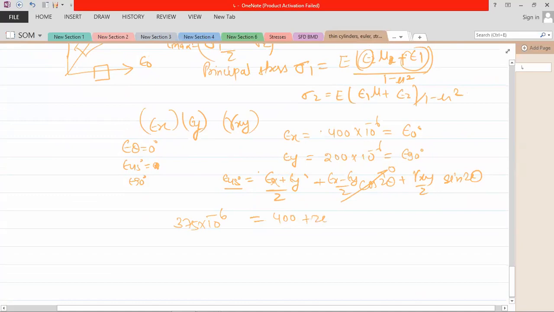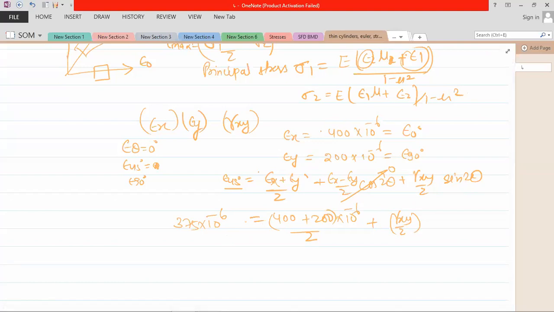So 400 plus 200 into 10 raised to the power minus 6 divided by 2, plus gamma xy by 2 that we need to obtain, and sin 2 theta is 1 because theta is equal to 45, so 2 theta is 90. Now what would be the value? Just a couple of seconds. It is around 150. So gamma xy is 150 into 10 raised to the power minus 6.